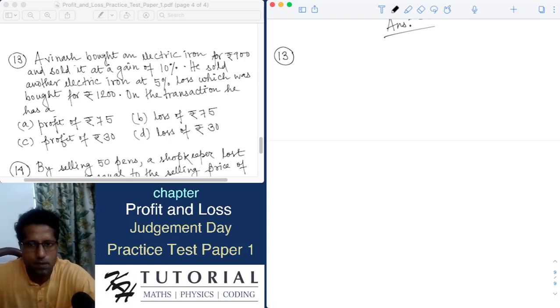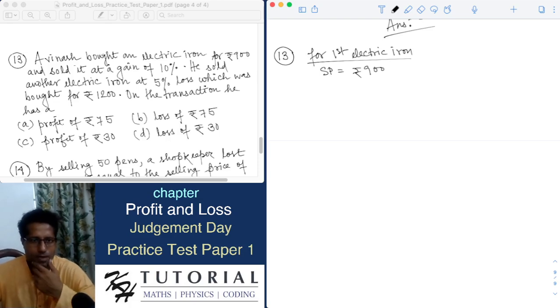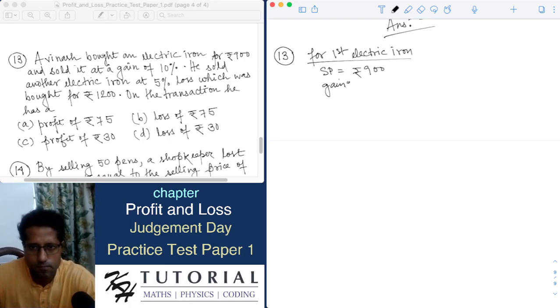So for the first electric iron, SP is given to be 900, and the gain percent is 10.